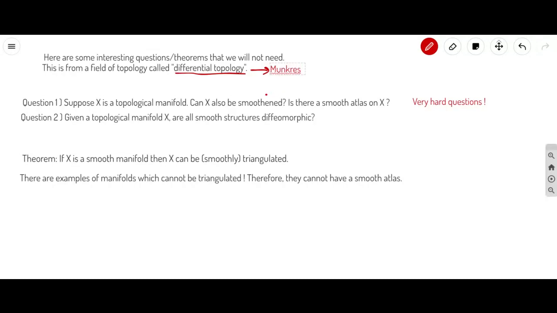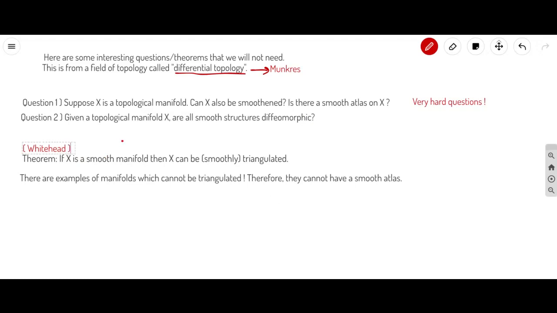Moncrief, who is still alive, I think he's 90 years old, does research in differential topology. So if you ever wondered what it is that Moncrief does, he works in differential topology. In differential topology, you're not interested in the topology anymore. You're interested in the smooth structures you put on the manifold. That's why we call it differential topology. So if X is a smooth manifold, then X can be triangulated. This is a very difficult theorem.